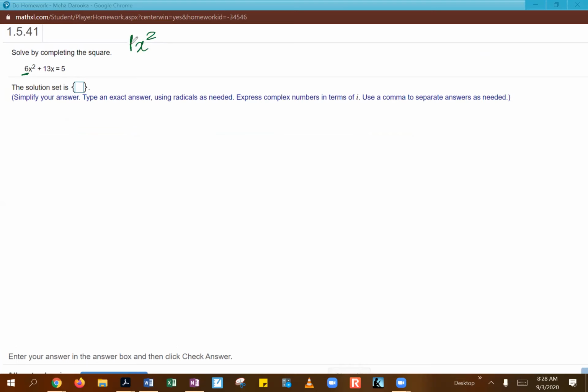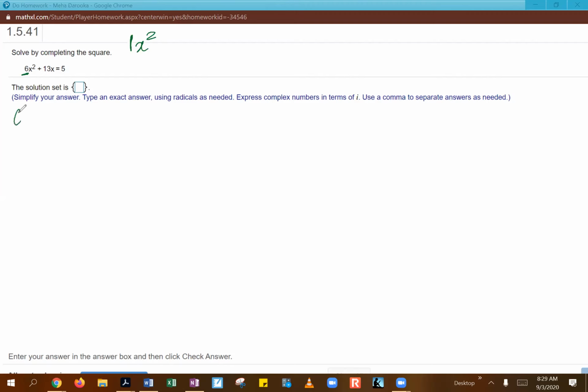So you cannot have a 6 on that side, because with the 6 on x squared, you will not be able to use completing the square just the way it's given to us. So that's going to be our first step, to get rid of that 6. The other thing you will notice is that the constant term 5 is already on the right-hand side, so we didn't need to move that term.